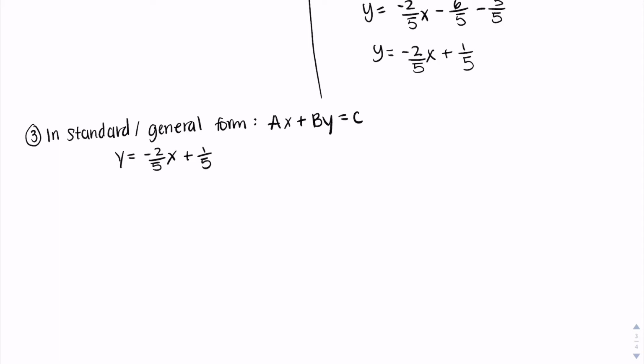So you want to get rid of the denominator, so you multiply everything by 5. Whatever you do on this side, you have to do on the other side. So it'd be 5 over 5y equals negative 2x plus 1.